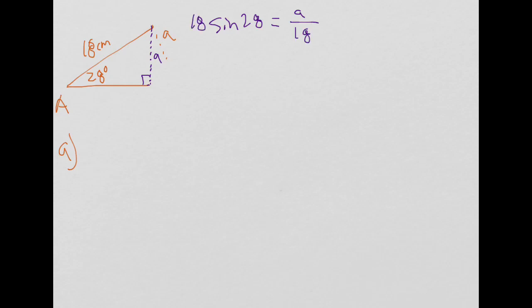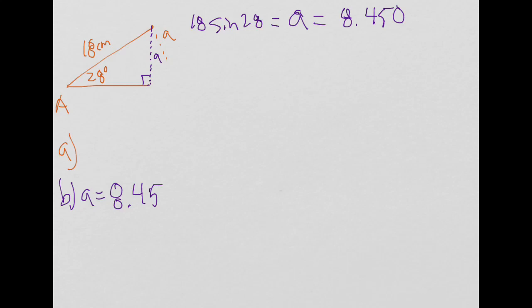Multiply by 18 on both sides to get A. And you should find that the value A to give us a right triangle is 8.450. Now, that's actually the answer to B. So for B, we can say that A equals 8.45. That will give us a right triangle.